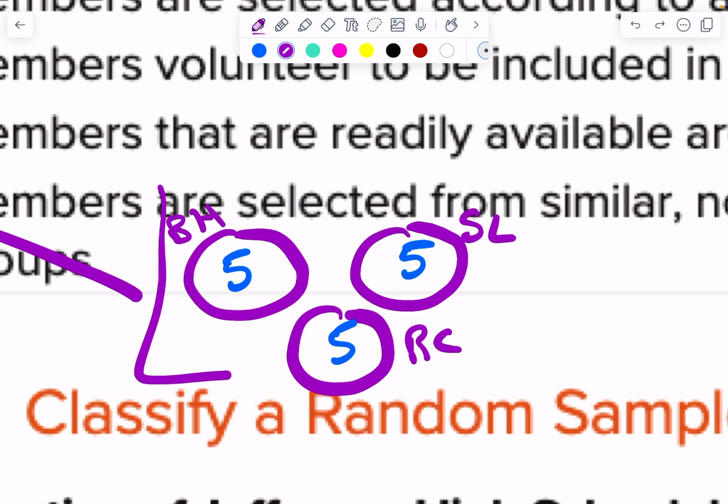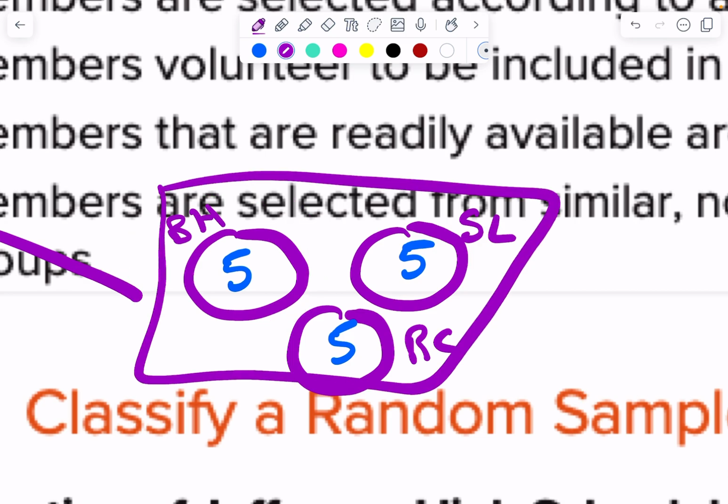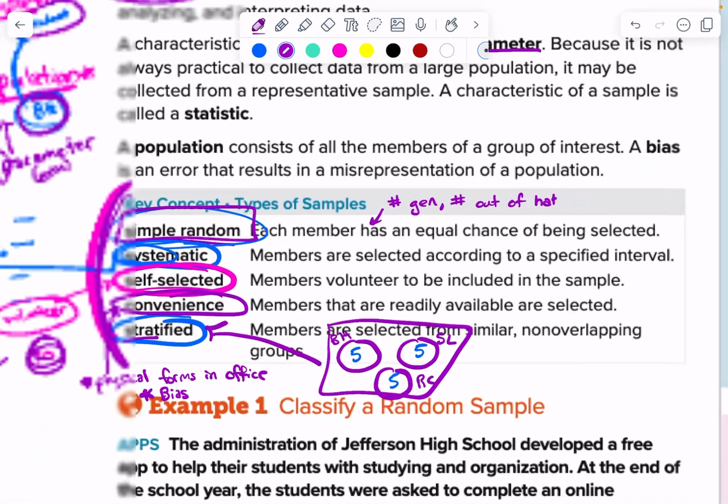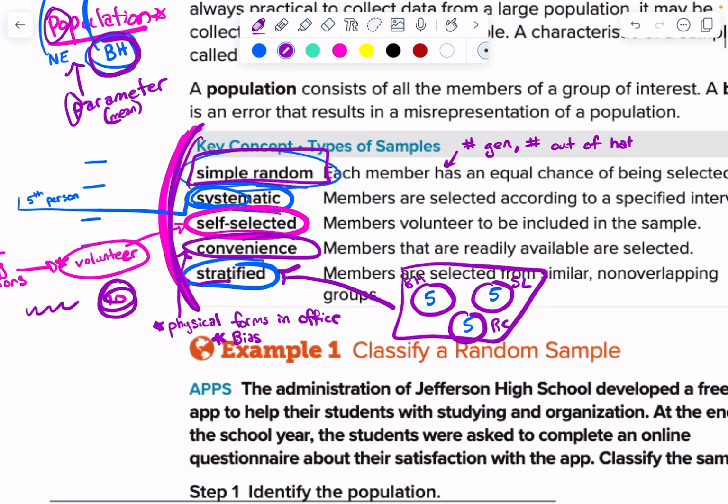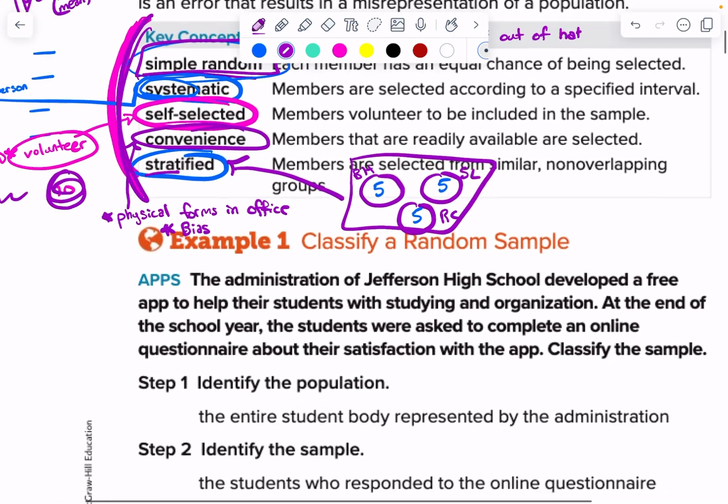I might want to do a stratified sample, where I get 5 opinions from Blue Hill, 5 from Silver Lake, 5 from Red Cloud, so I get a little bit of each one. Just depending on the information you're trying to gather determines which sample you use. Okay, let's do some examples.